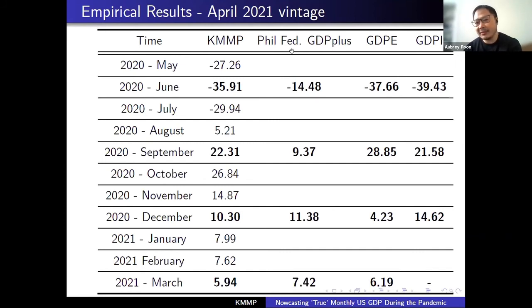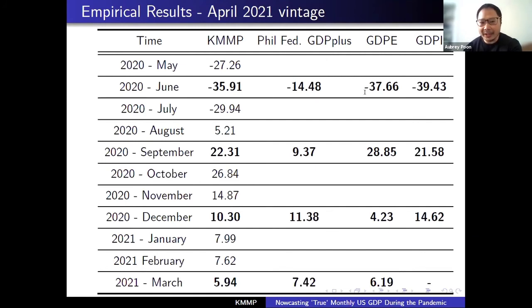Basically, the GDP plus estimate is the original ADNS model, the quarterly model. Each time GDPE and GDPI are released, they just run the ADNS model on it and produce a GDP plus measure. So this is based on the April 2020 vintage.